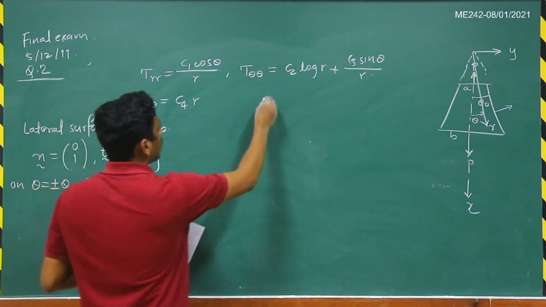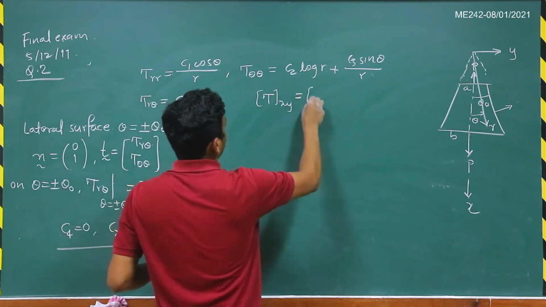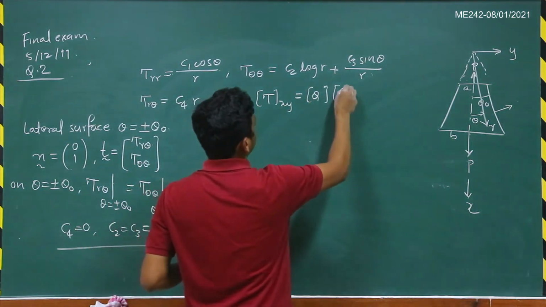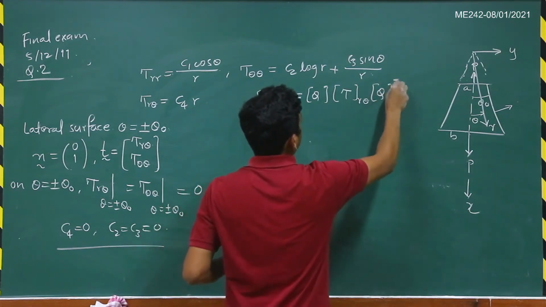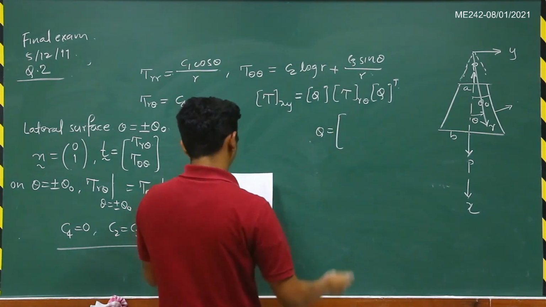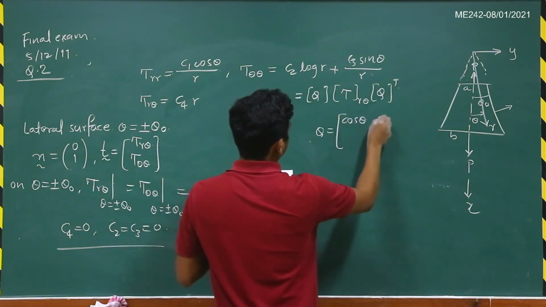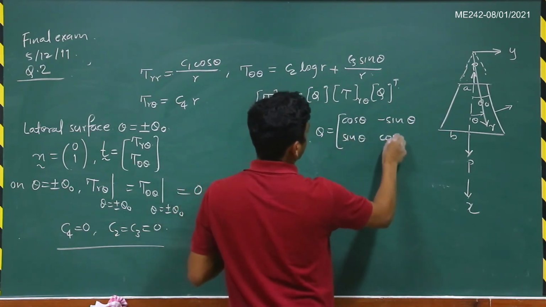So for that, we use this expression: tau in xy will be Q times tau in r theta times Q transpose, where this Q, which is an orthogonal matrix, can be formed as cos theta, minus sin theta, cos theta.